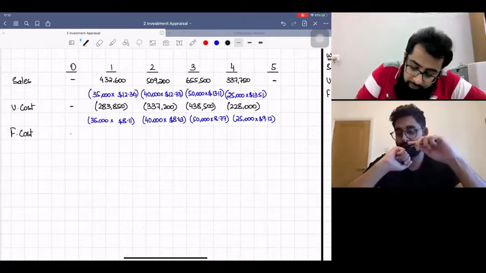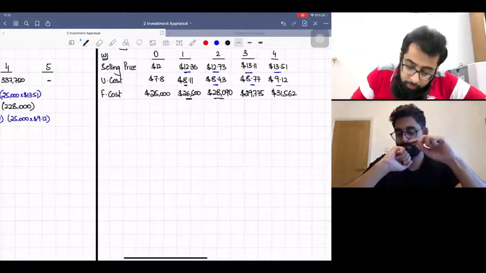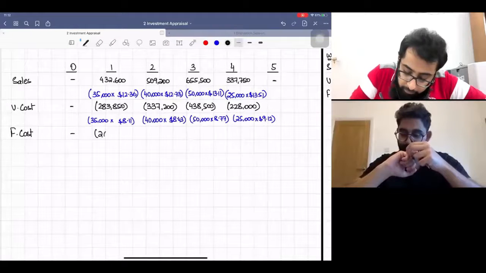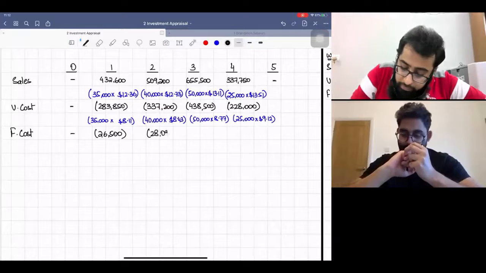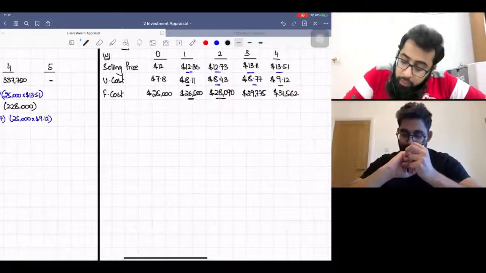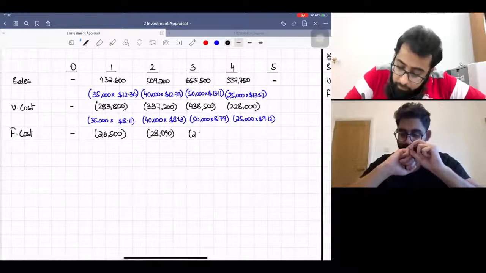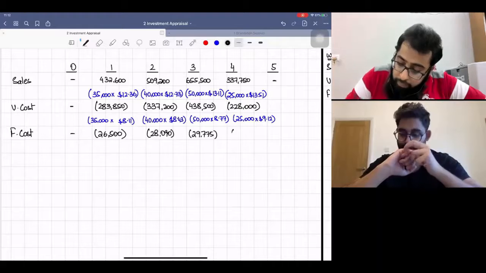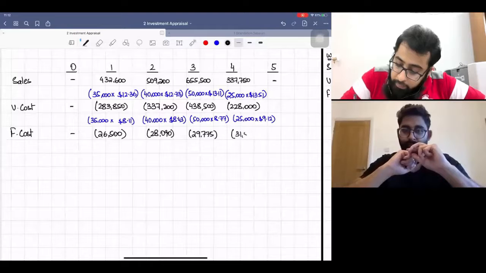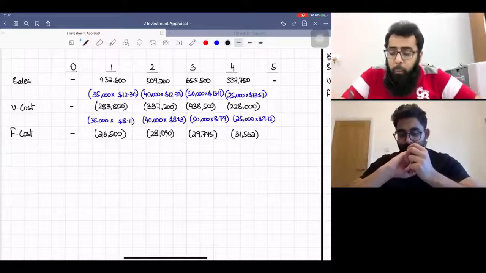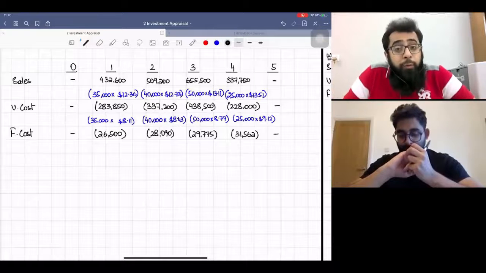Our fixed cost is simply 26,500, 28,090, 29,775, and then 31,562.